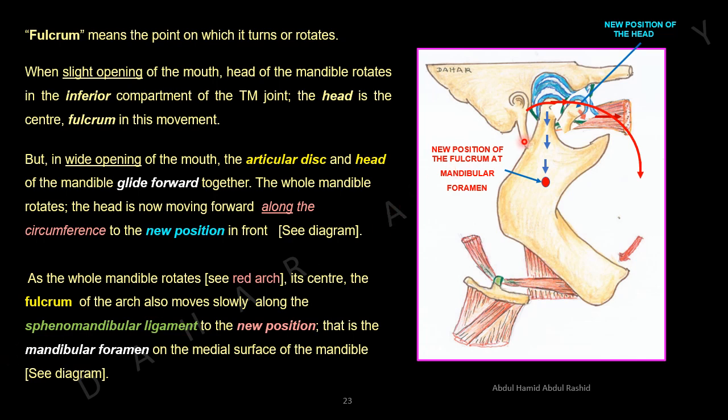As you know, at first the fulcrum was here, but later when the whole mandible rotates, the fulcrum is no more there. The fulcrum becomes the center of this arch, then this is the place. It moves down along the sphenomandibular ligament, finally reaching the new place at the mandibular foramen on the medial surface of the mandible.